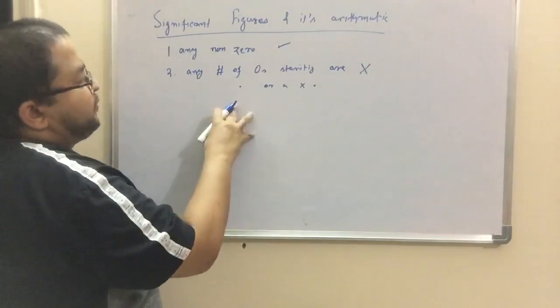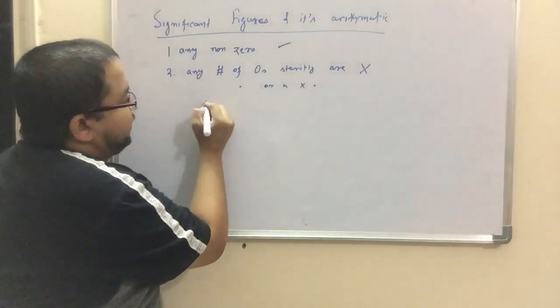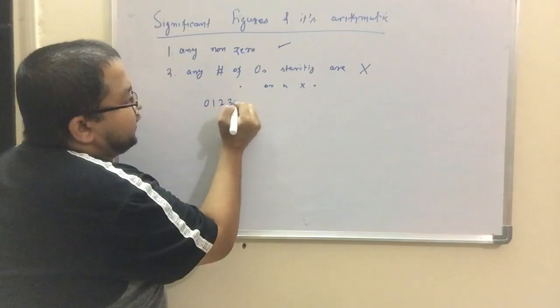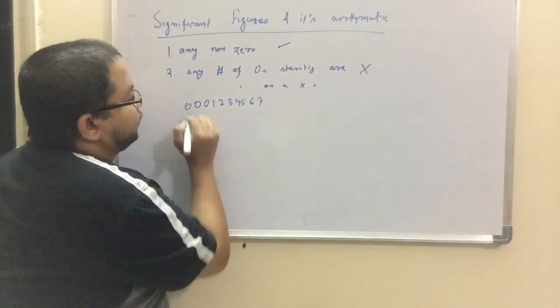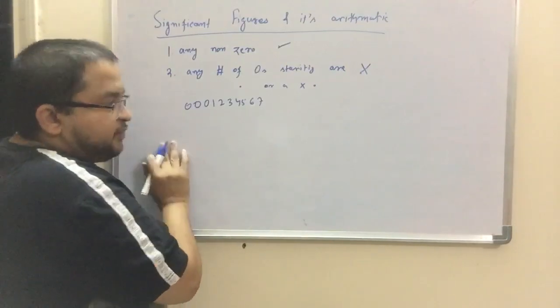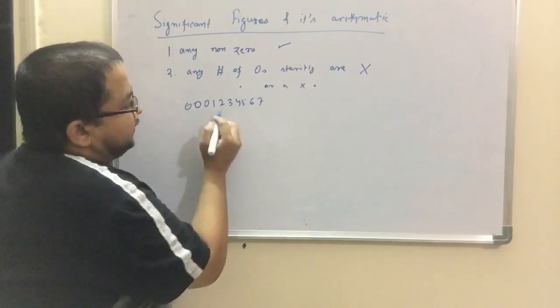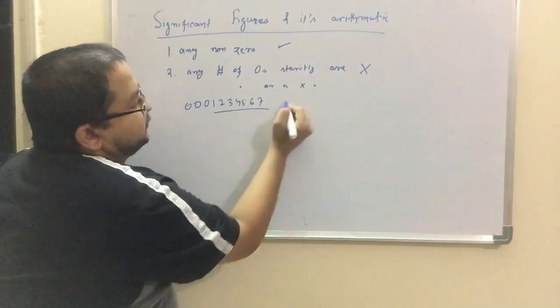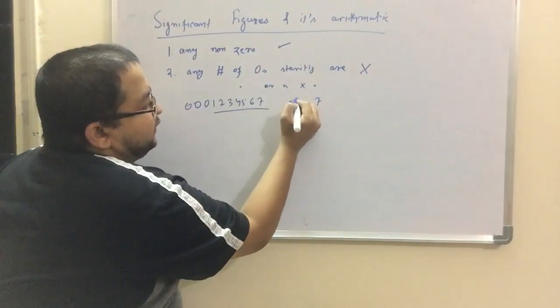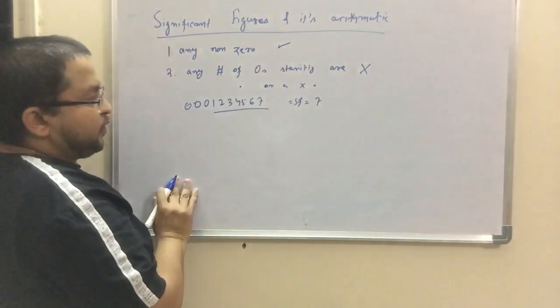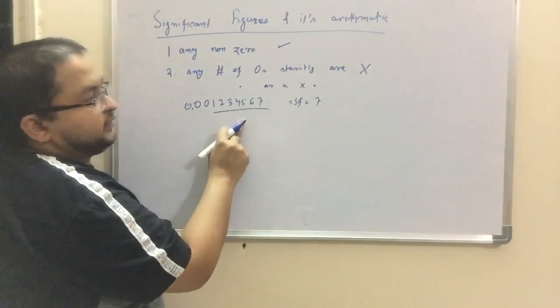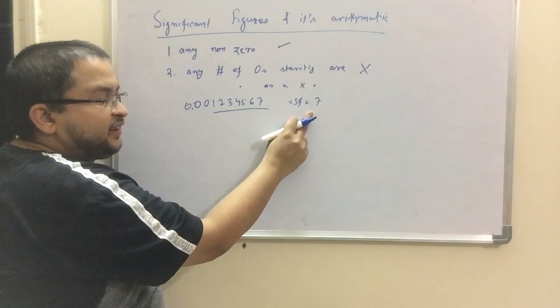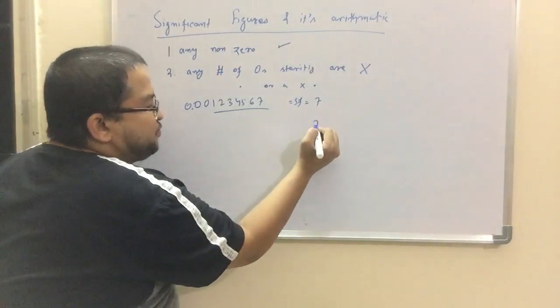Okay, what do we mean by this? So for example, if I'm saying 0, 1, 2, 3, 4, 5, 6, 7, 0, 0. If I ask how many significant digits this number has, the answer would be 7. Okay. Similarly, if I put 0 point this thing, then what would it be? Yes, it would again be 7.